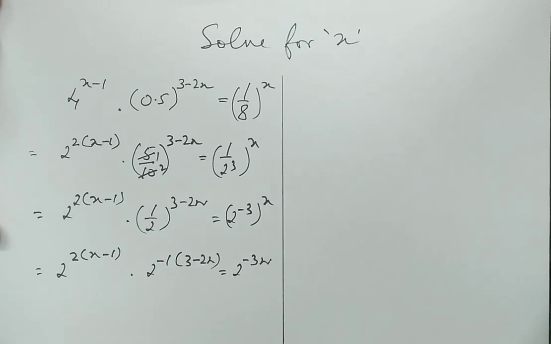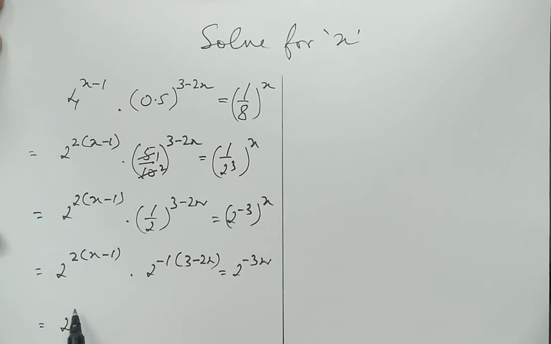So next what we see is that the bases are all same, but we do not have to hurry until we will have added the exponents. Okay, so first let's do that.